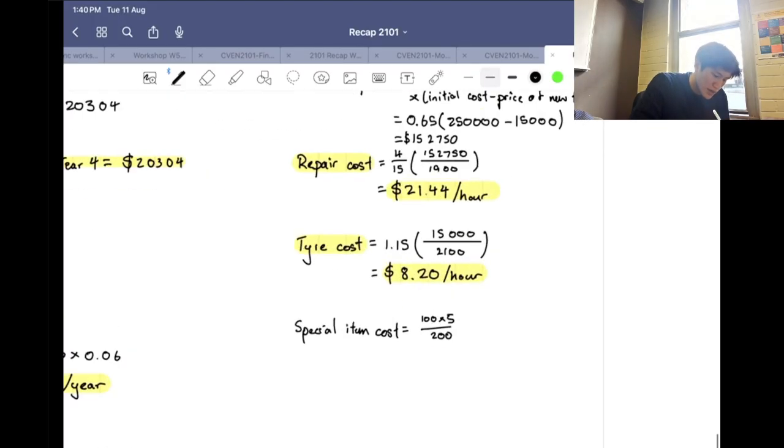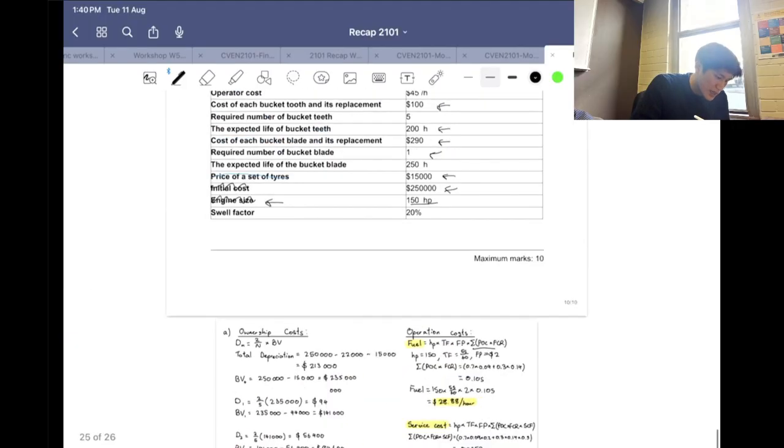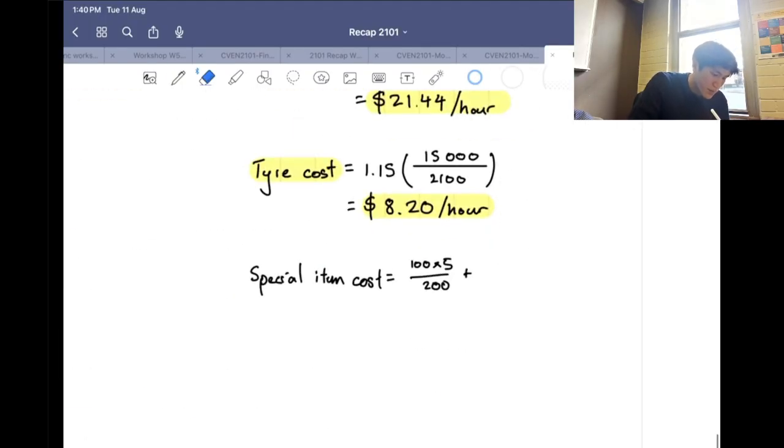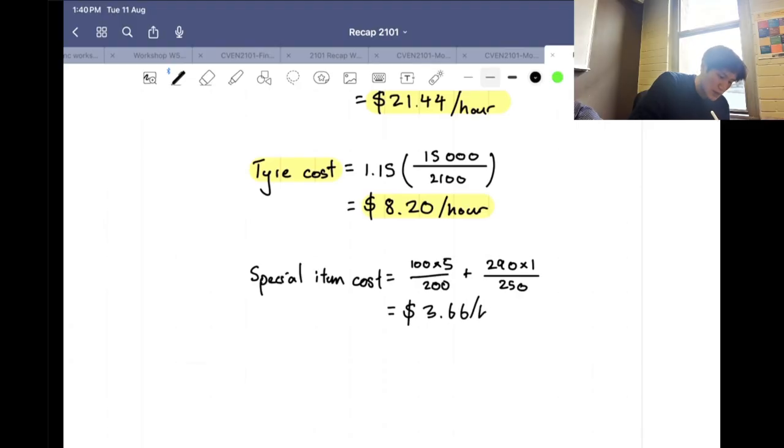And then you add on for each blade, so you need one blade, and it costs $290 for one blade, divided by the number of hours, which is 250, and that should give you 3.66 per hour. Highlight that as well.